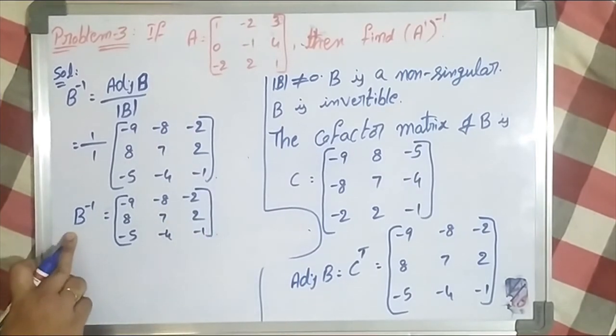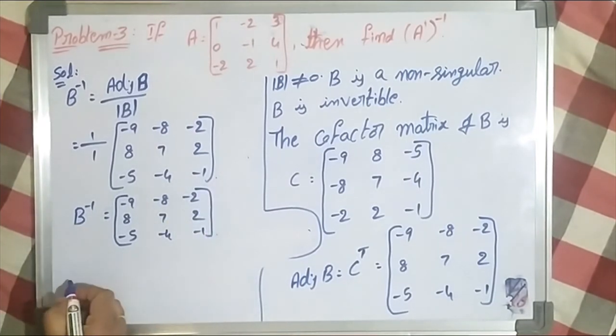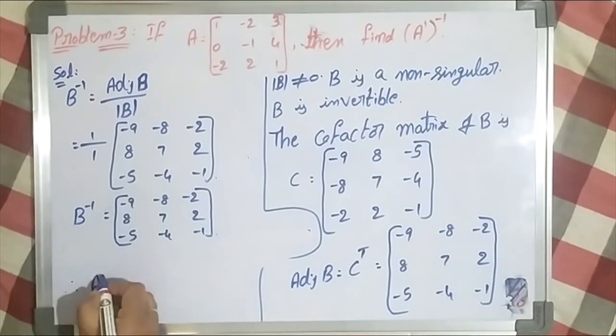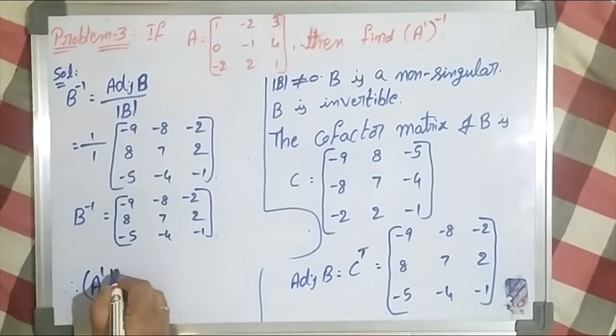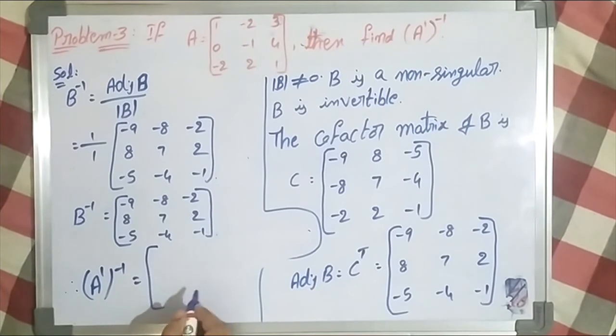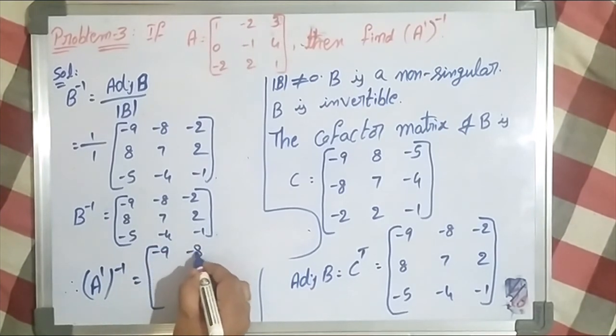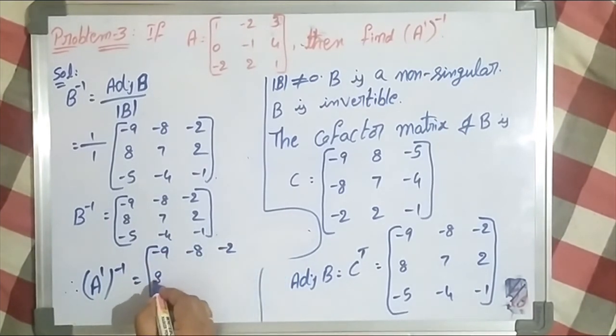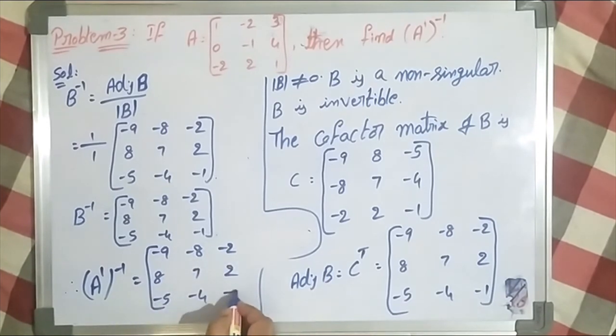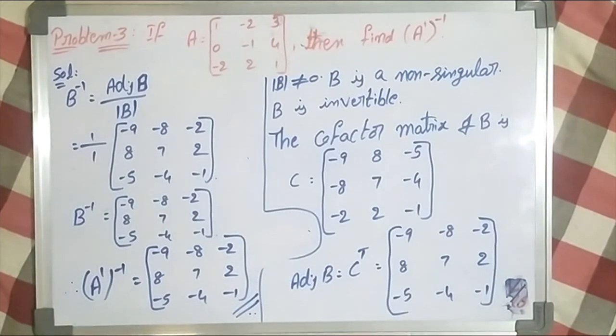Here B is nothing but A transpose, therefore A transpose whole inverse equals the same matrix. This is the solution of the third problem.